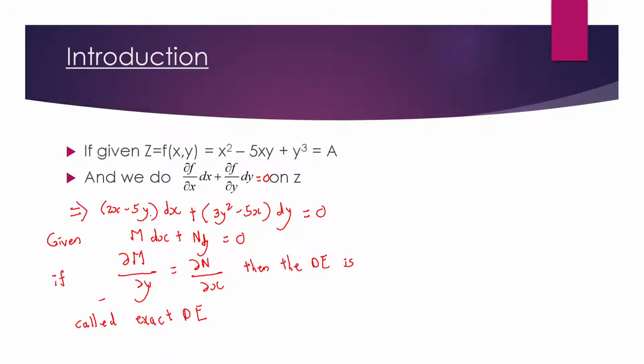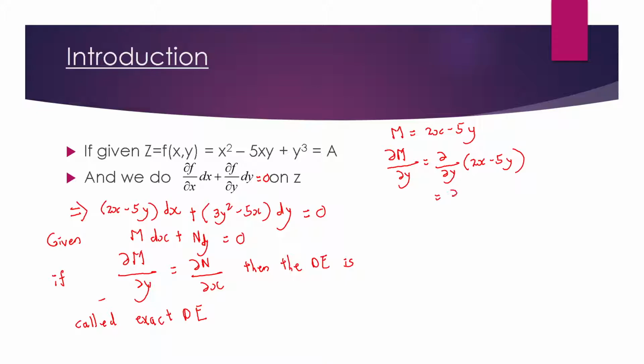So now, let's get M, the coefficient of dx. So M is 2x minus 5y. The coefficient of dx here is differentiated with respect to y. So you have del M del y, which is del y of 2x minus 5y.